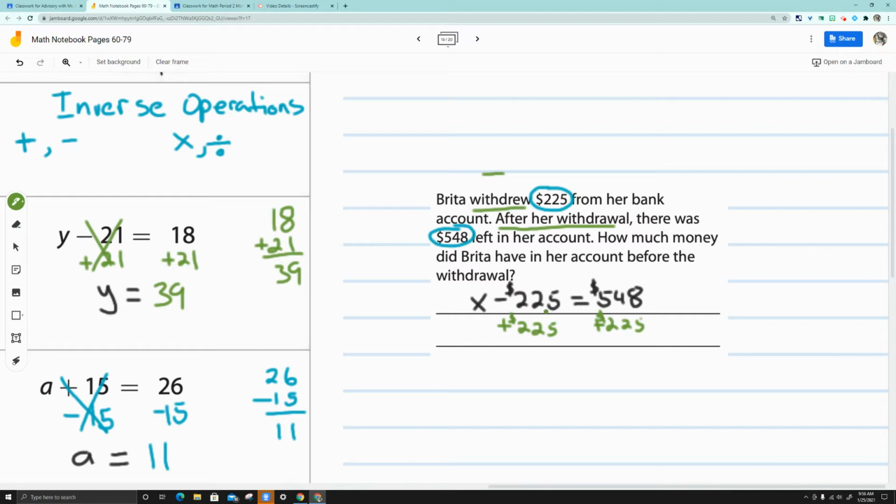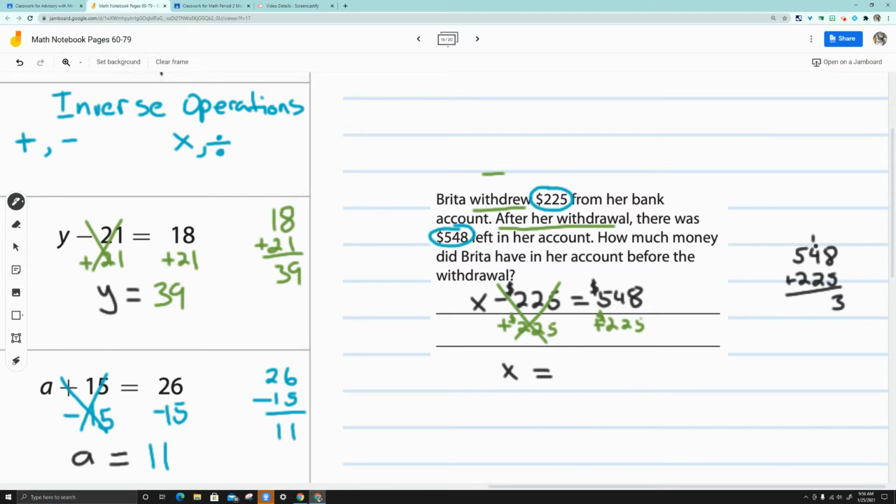Minus $225 plus $225, well, that works out to 0. So we have X all by itself equals 548 plus 225. I'm going to do that on the side. Lining up my place values. 5 plus 8, of course, is 13.